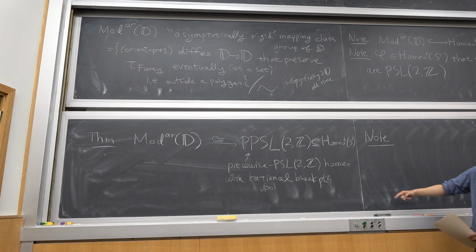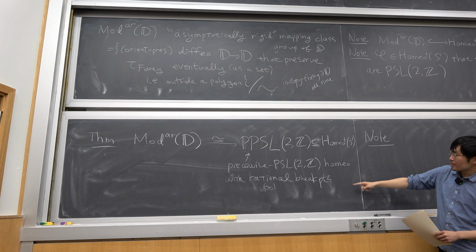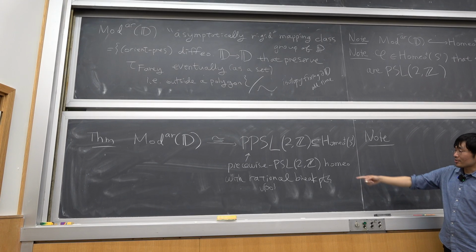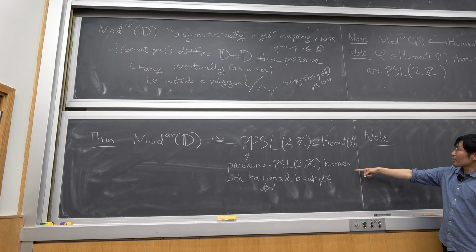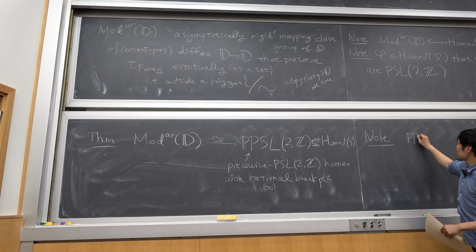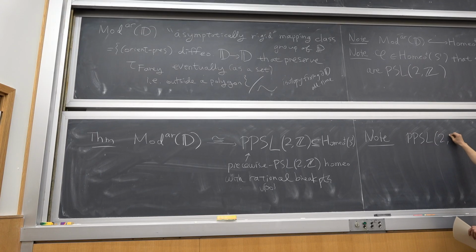And in his talk, I think infinity was fixed, hence the Thompson group was F. In this case, infinity is not fixed, and the corresponding Thompson group is T. So this PPSL2Z, piecewise PSL2Z homeomorphism of the circle, is isomorphic to Thompson group T.